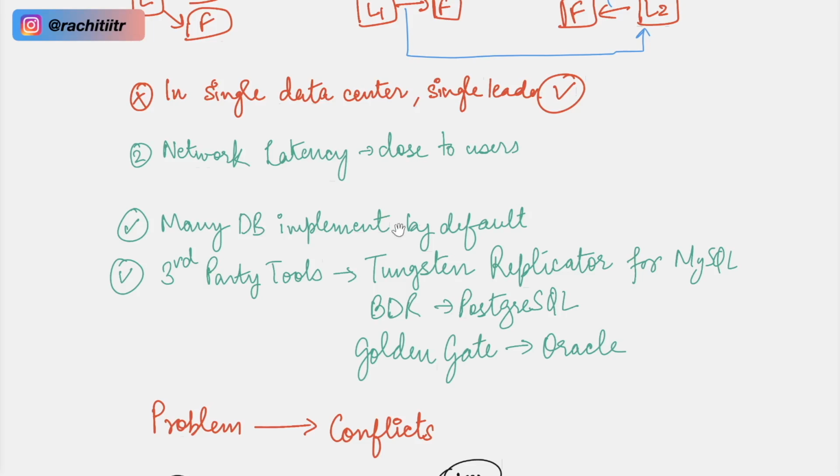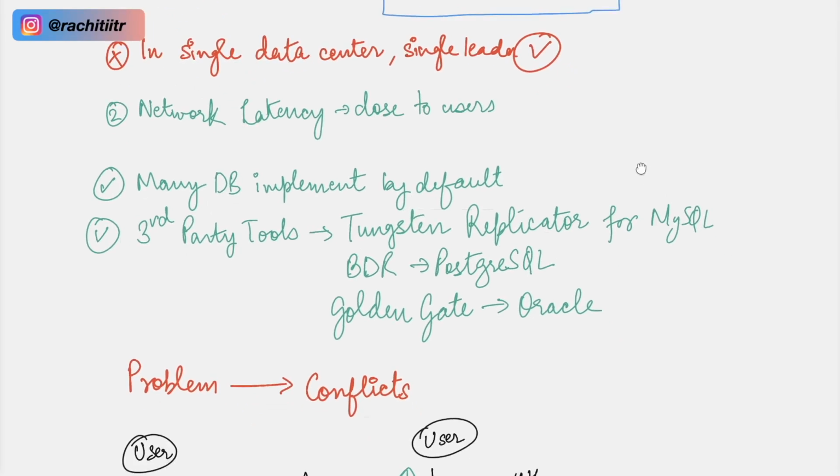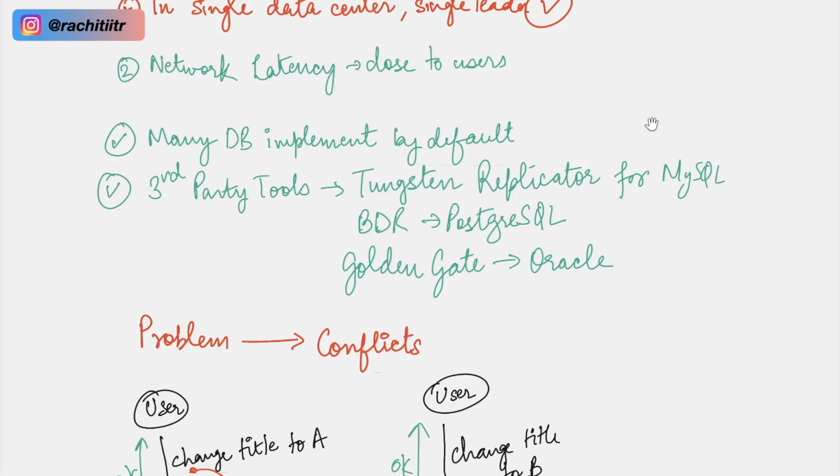Also, many databases already implement multi-leader replication by default. However, there are also third-party tools like Tungsten Replicator for MySQL, BDR for Postgres, and GoldenGate for Oracle. You can integrate with these tools to support the multi-leader configuration.